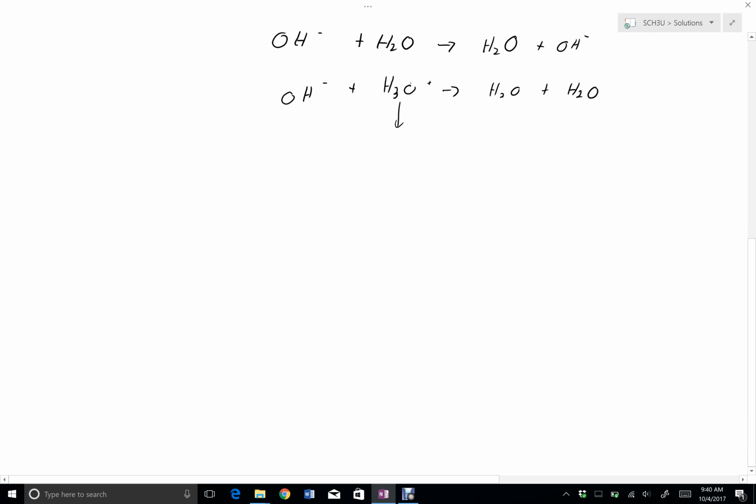Remember what I said about the autoionization of water. Water itself, with nothing in it, will naturally produce a very small amount of hydronium and hydroxide, about 1 in 10 million.